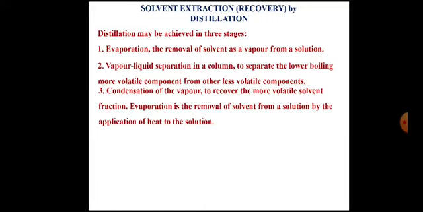And the last step is condensation of vapor to recover the more volatile solvent fraction. Evaporation is the removal of solvent from a solution by the application of heat to the solution.